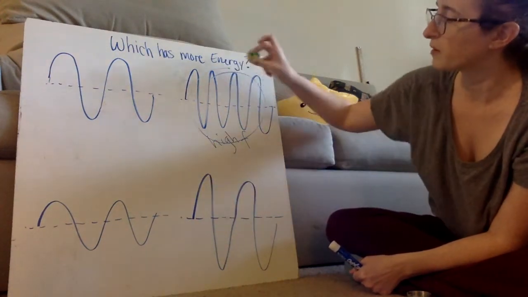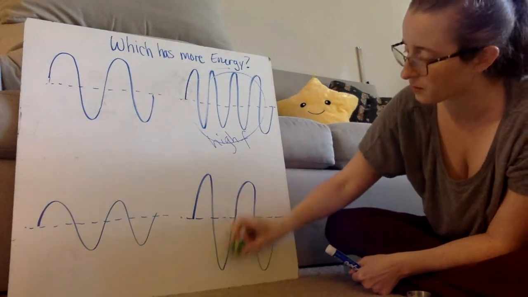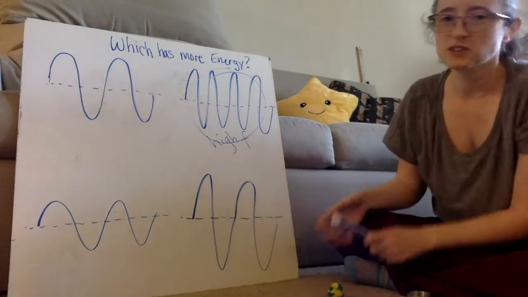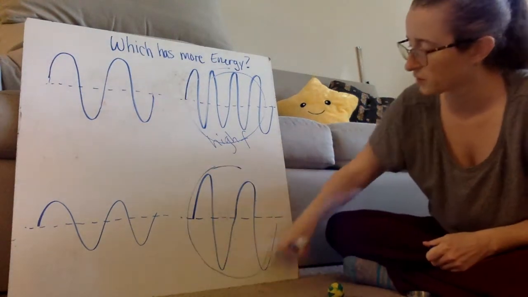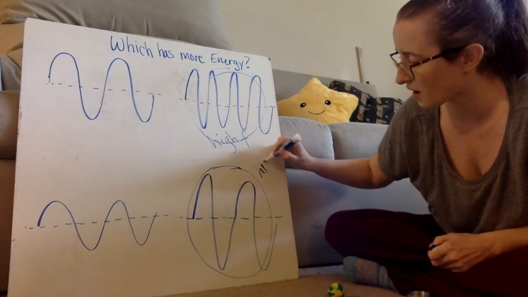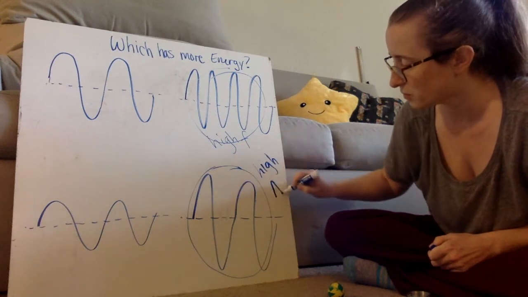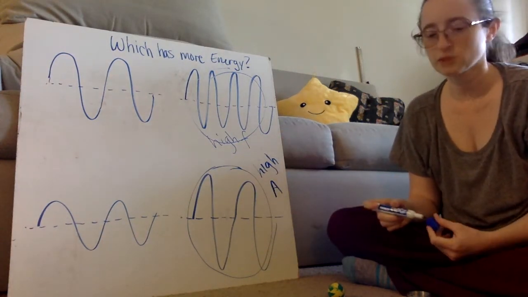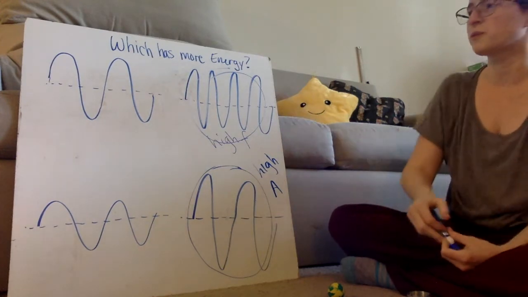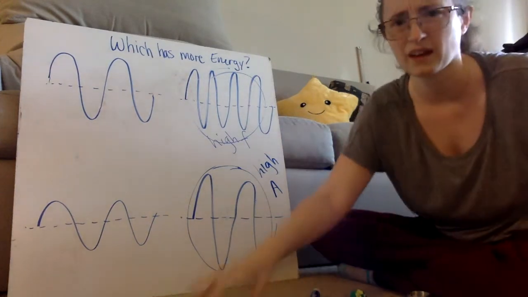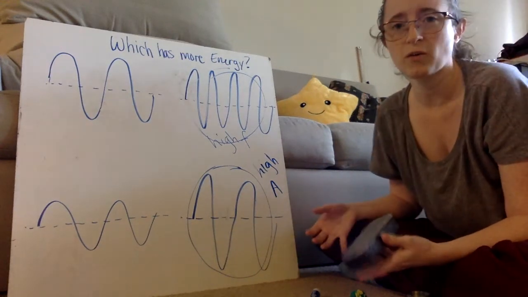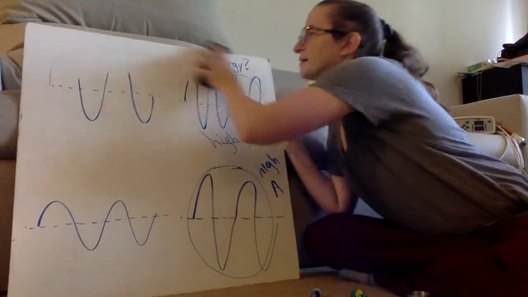So here it was vibrating more often. Here it's vibrating a larger amount. So that would take more energy. So this one has a high amplitude, so it's the one that has more energy. Again, that's just review from something we talked about on the block day, I think. That's the first thing I wanted to mention because the homework assignment does talk about that.